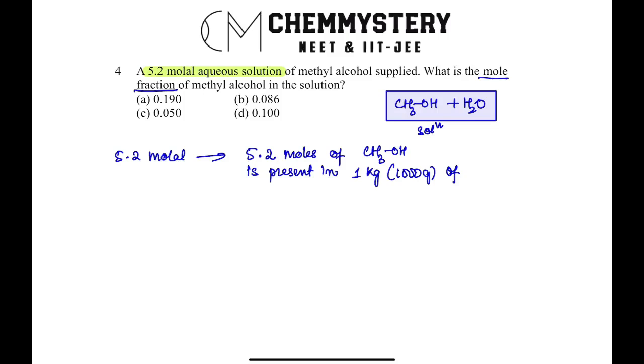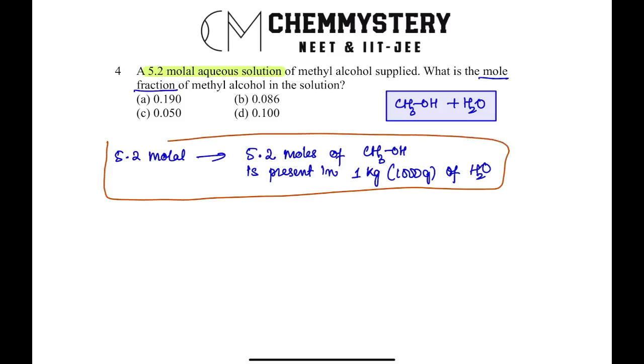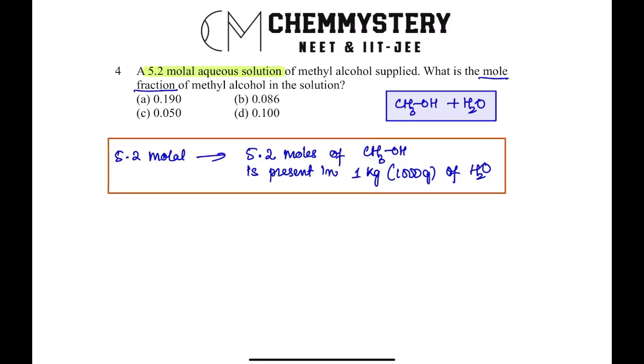What is our solvent? Water. So with the given statement, 5.2 molal means 5.2 moles of the solute is present in 1 kg or 1000 gram of the solvent, which is water. This much we can understand.